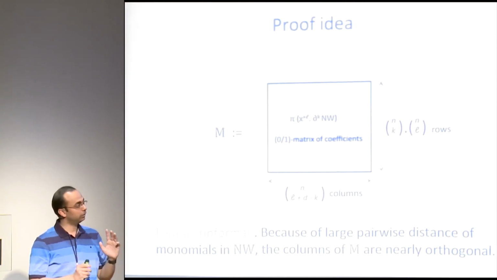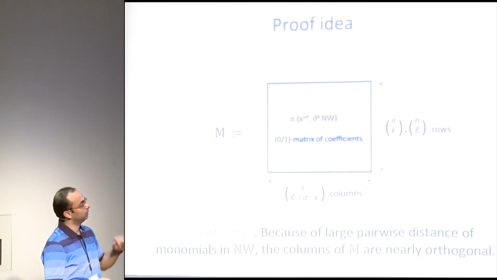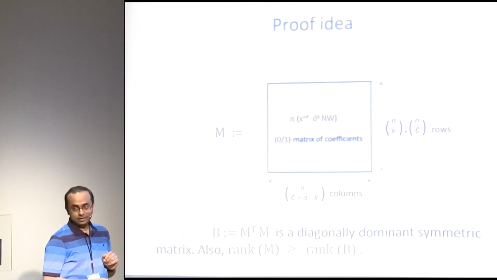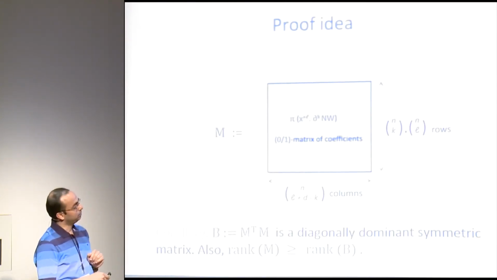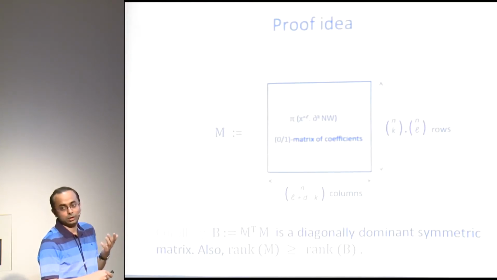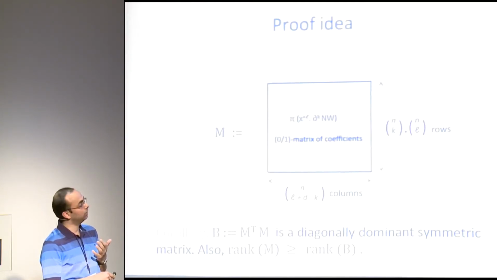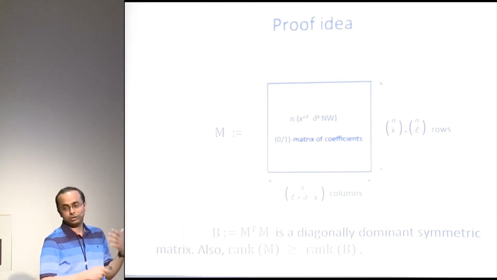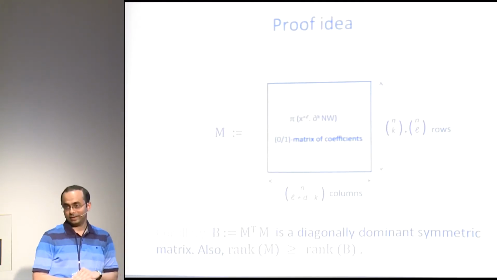I won't quantify what that near thing is. If you look at M transpose times M, call it B: if the columns were orthogonal, B would be a diagonal matrix, right? And if they're nearly orthogonal, you get B to be a diagonally dominant symmetric matrix, right?